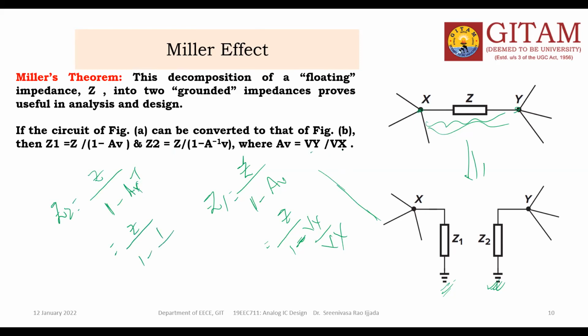AV is Vy by Vx, so 1 by AV is Vx by Vy. That's it. So this is how we divide the floating impedance into grounded impedances. Z1 is equal to Z by 1 minus AV, and Z2 is equal to Z by 1 minus gain inverse.